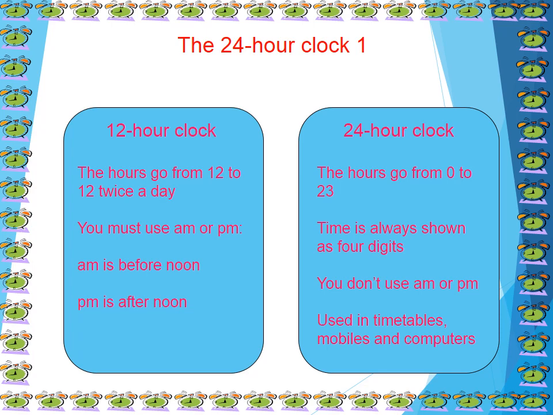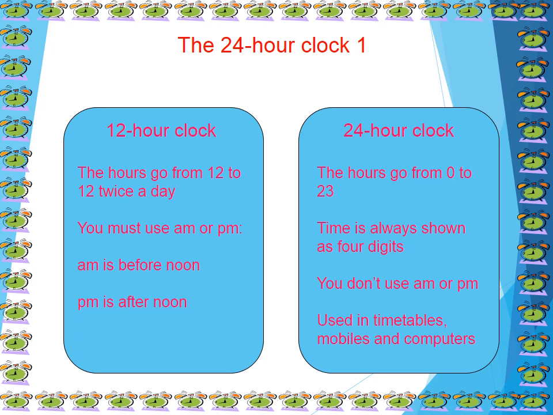Now let's compare the 12-hour clock and the 24-hour clock. The hours go from 12 to 12 twice a day in a 12-hour clock. In a 24-hour clock, the hours go from 0 to 23. In a 12-hour clock, you must use AM or PM.